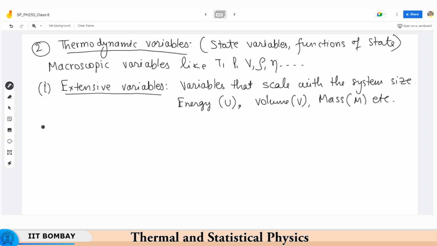And the opposite of that is known as intensive variables. These variables are basically independent of system size.